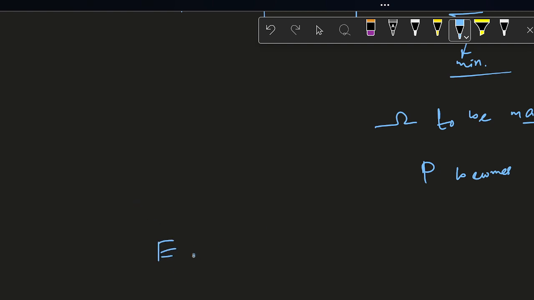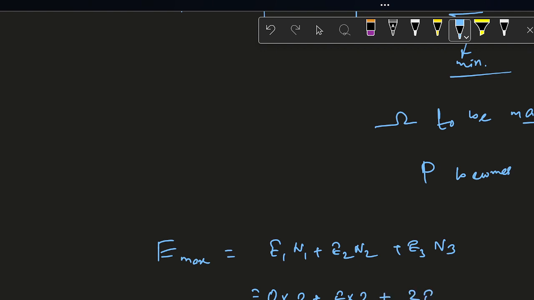So the total energy for the maximum probable distribution, Emax, is just E1 times N1 plus E2 times N2 plus E3 times N3. So E1 was 0 and your N1 is 2. Then E2 was E, N2 is 2, and E3 was, I think, 2E, and N3 is again 2.